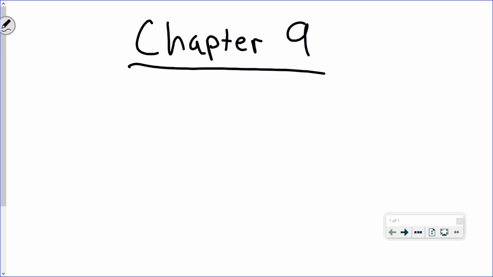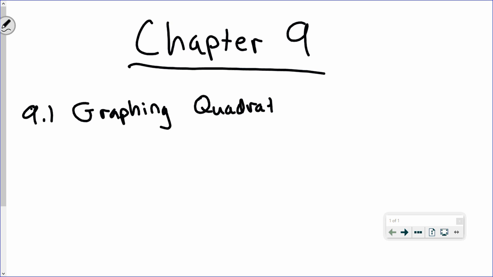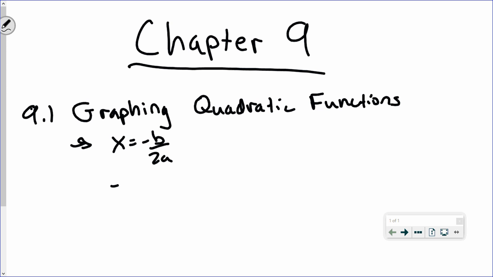So, in 9.1, we were graphing quadratic functions. That consisted of using x equals negative b over 2a, which gave us the axis of symmetry, which then further gave us the vertex.